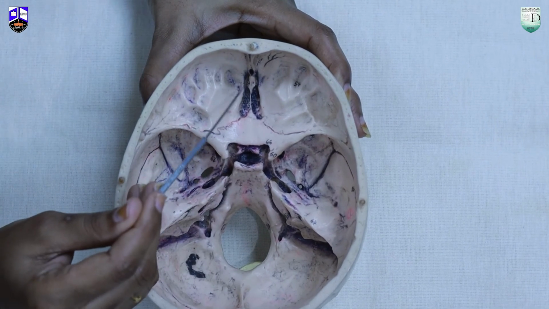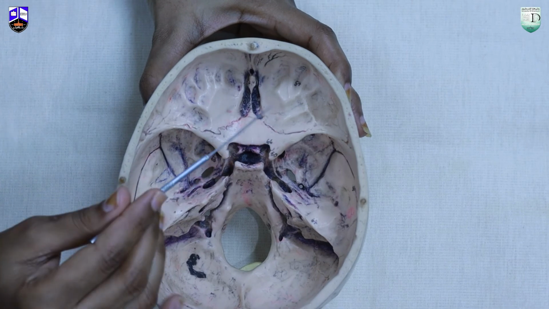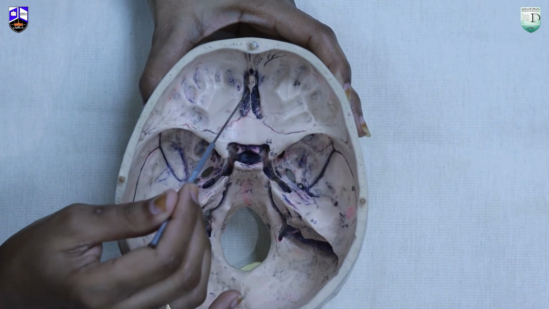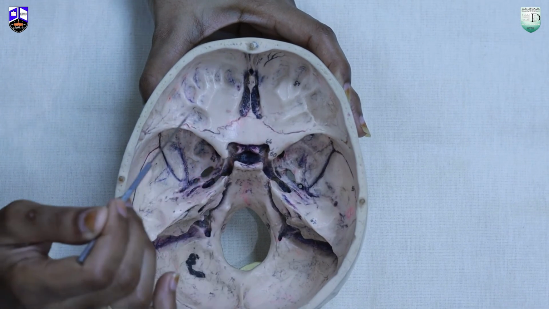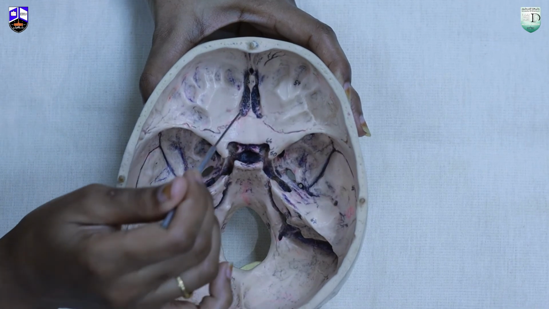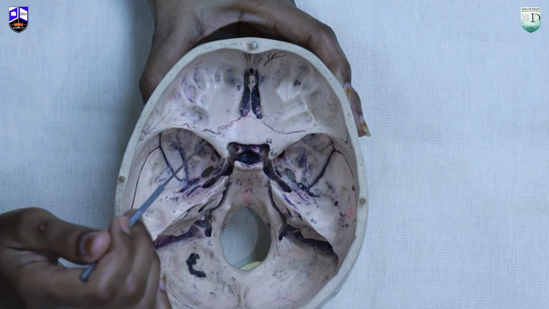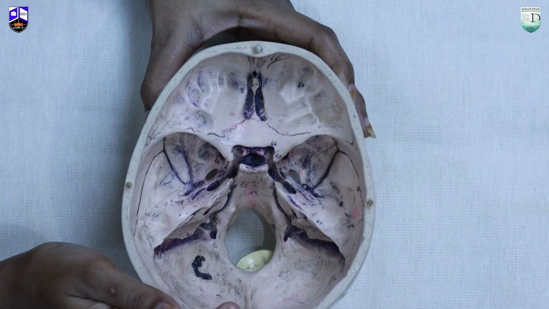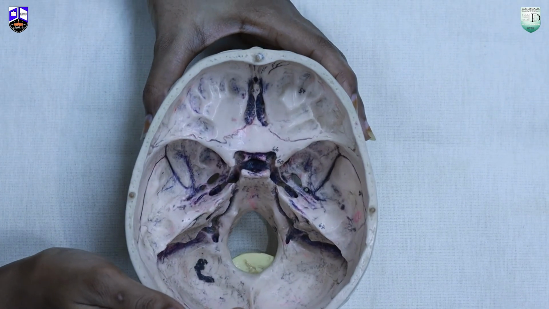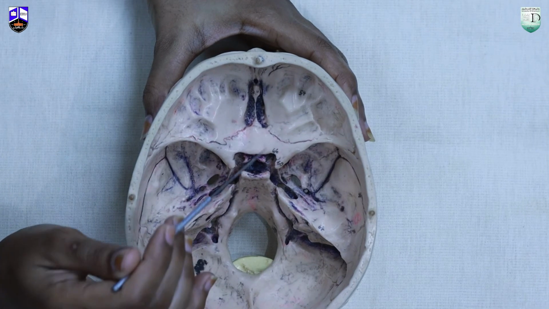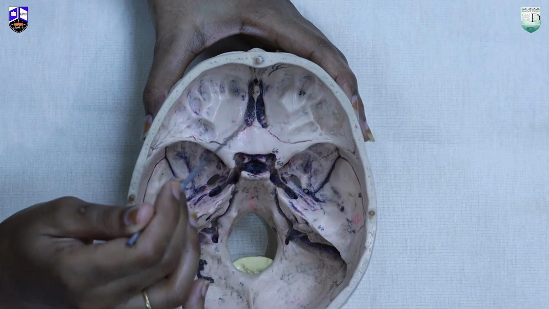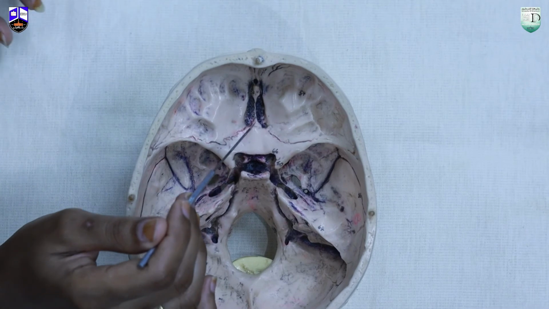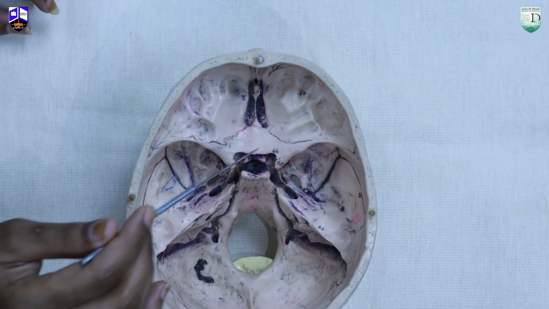The crista galli itself also gives attachment to the falx cerebri. The cribriform plate shows many perforations that might reach up to 20 or more. These foramina give passage to the olfactory nerves, and they give the bone a sieve-like appearance, hence the term cribriform plate.